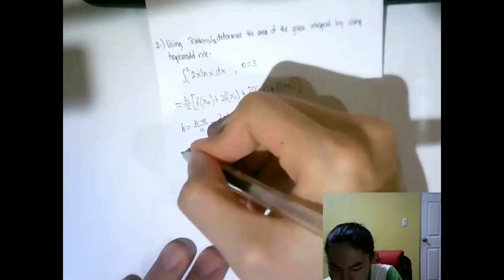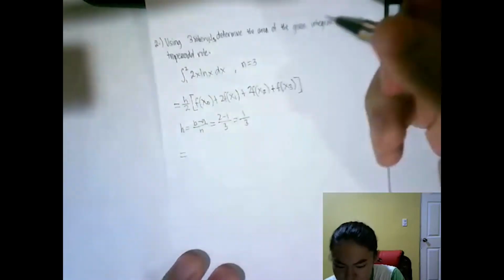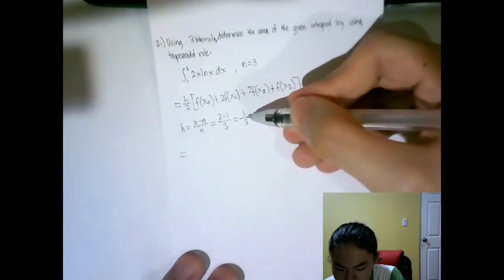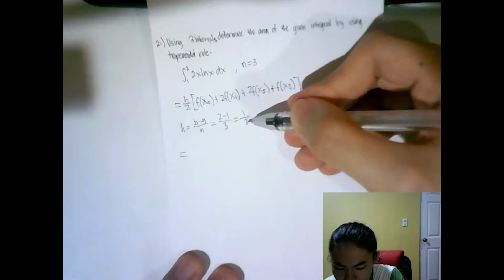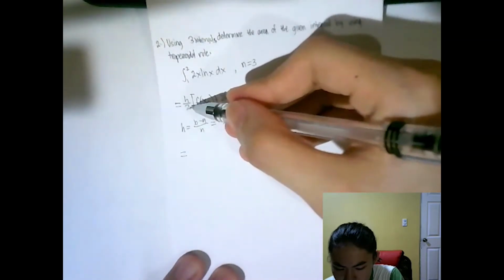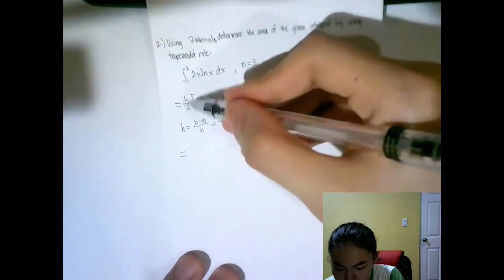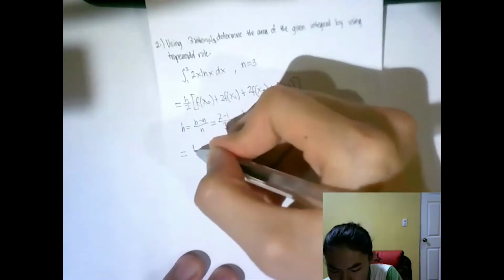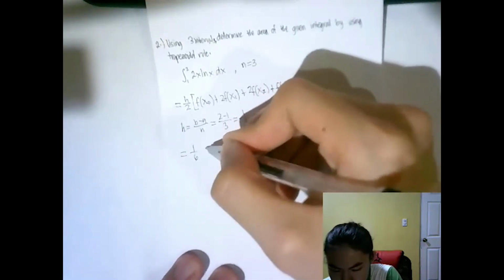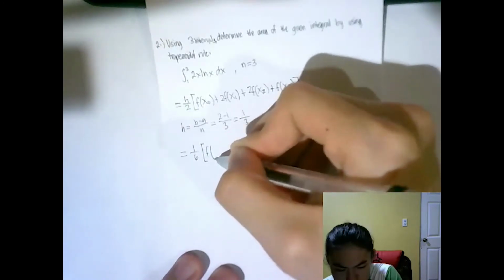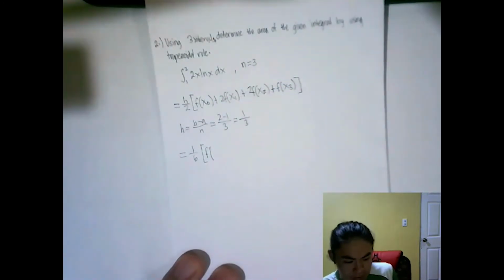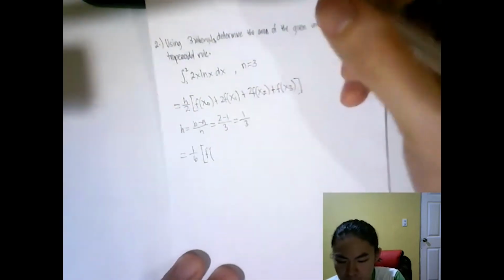So, we have a value of 1/3 or 1 over 3 na h natin. So, next is we will multiply the denominator to the denominator of this formula. So, magiging 1 over 6 na siya.